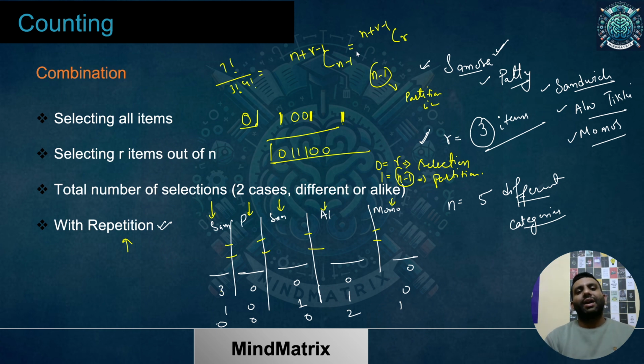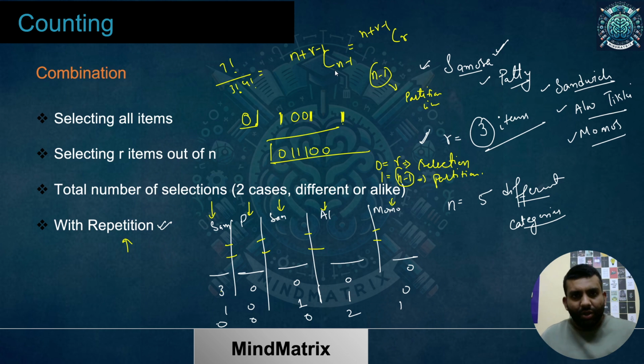This n or r can be changed as per the assumption we take, whether we are calling n the number of selections or r the number of selections, and the notation changes for the other variable. Okay, the formula is n plus r minus 1 C n minus 1. And we have already discussed how we got this formula as well.